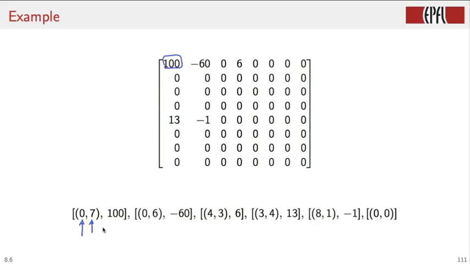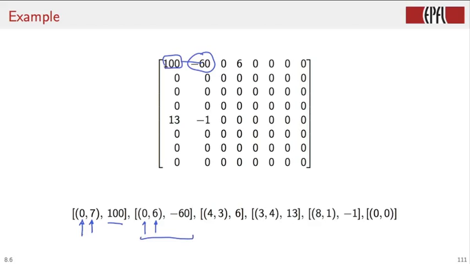There is one implicit sign bit, so we don't count that. 7 bits to represent 100, because the logarithm in base 2 of 100 is a little bit more than 6. Then the zigzag scan proceeds, and the second character that we encounter is minus 60. So again, there were no preceding zeros.